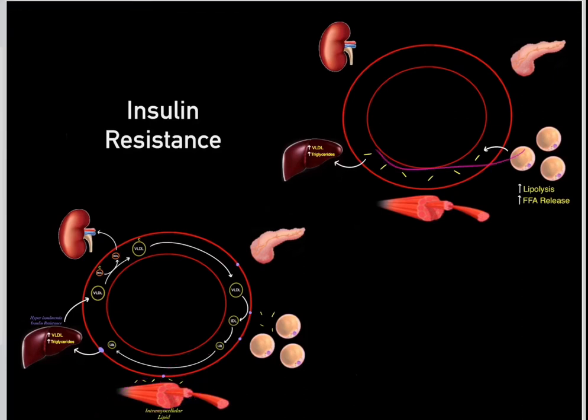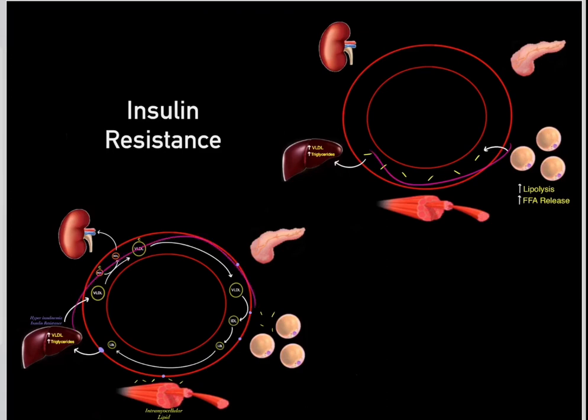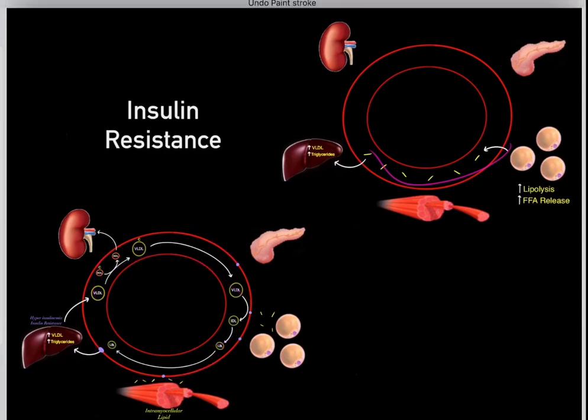But because we have this excess toxic cycle, we're going to have increased levels of LDL. Because again, we're constantly exchanging these free fatty acids, so we're constantly activating this cycle, so we're constantly going to have higher levels of these lipoprotein particles.